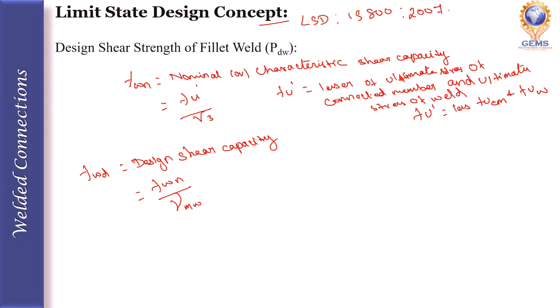This gamma MW is called the partial safety factor against weld strength.